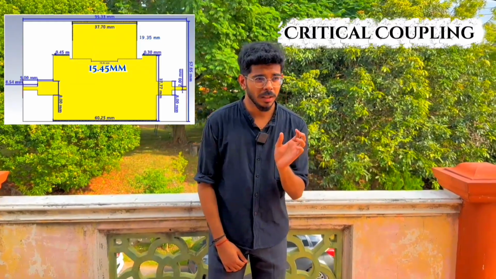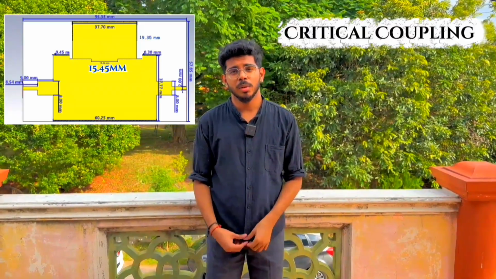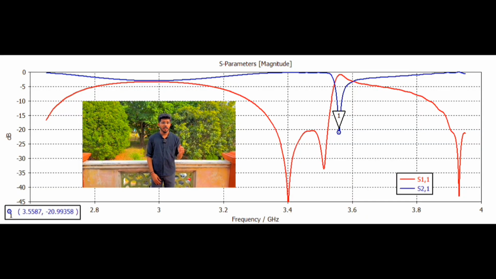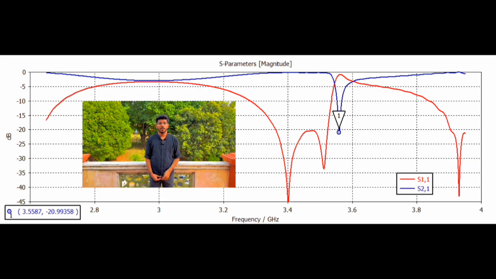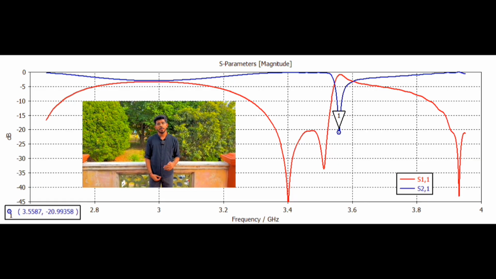Thirdly is critical coupling. Critical coupling happens when there is enough size and length of the iris, and in the S parameters the S11 will be reflected more powerfully, and the transmission coefficient will trap the 3.5 GHz signal properly, below 30 dB.